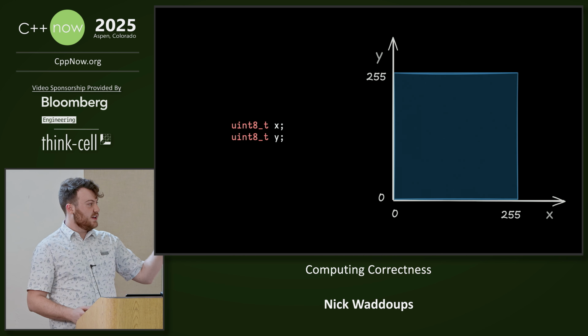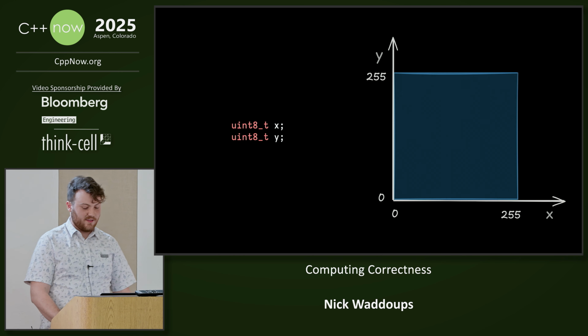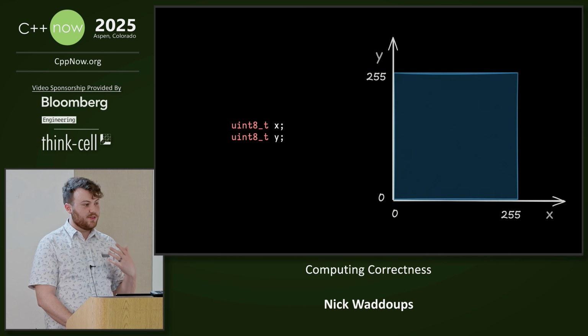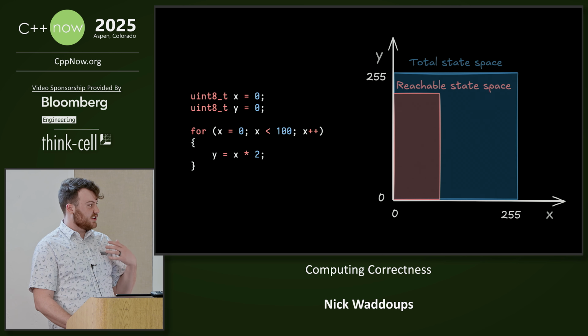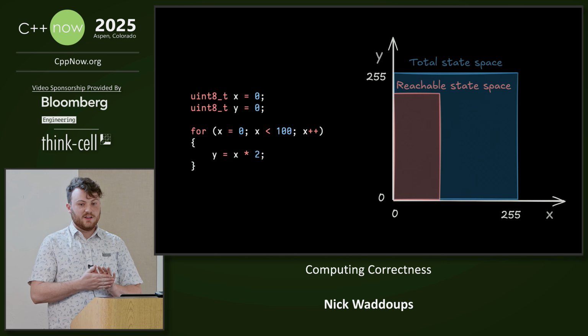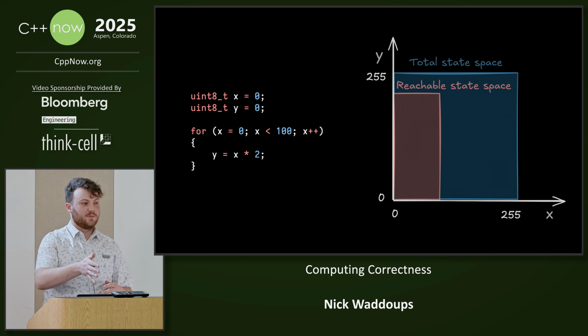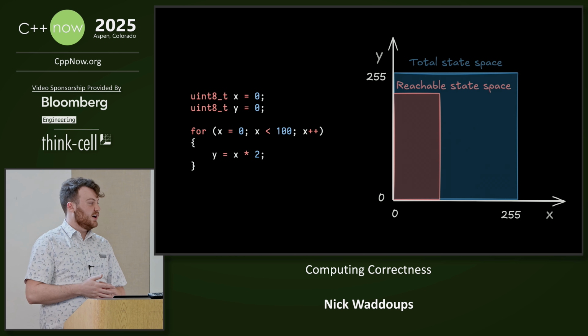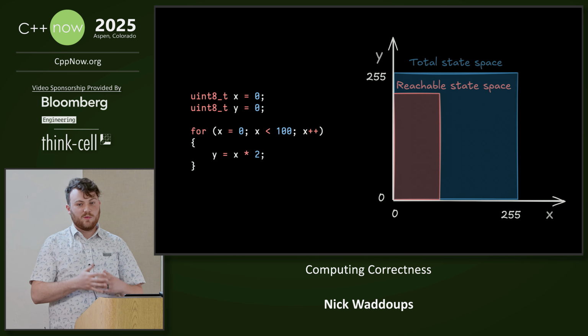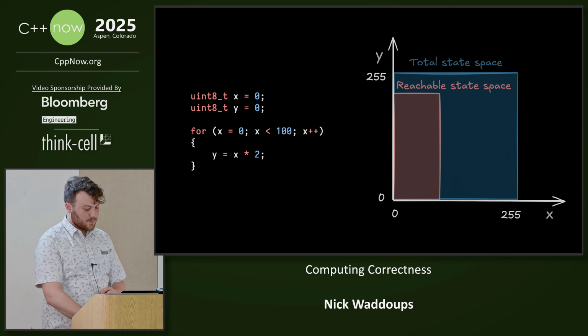So any location on that grid or on that plot within that blue square represents a possible assignment to X and Y. So a couple things that model checking does bring is we only explore our reachable state space because we're only concerned with where can our program actually end up. We're not really concerned with, what are all possible values of our program.